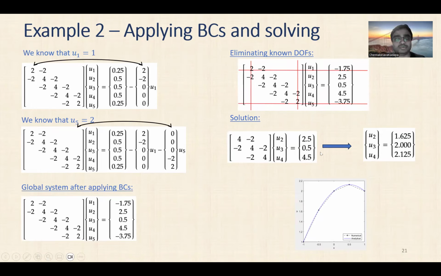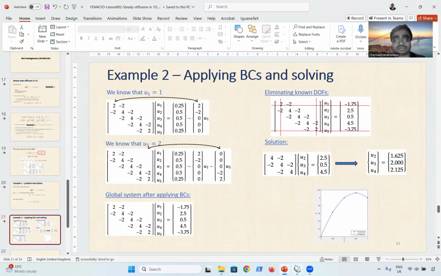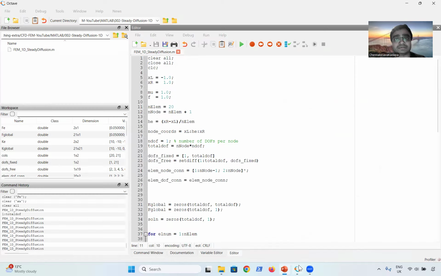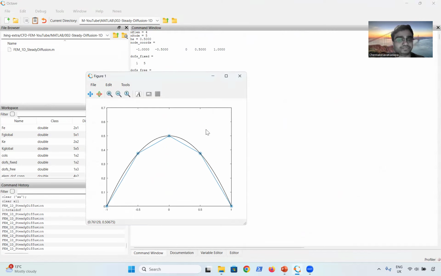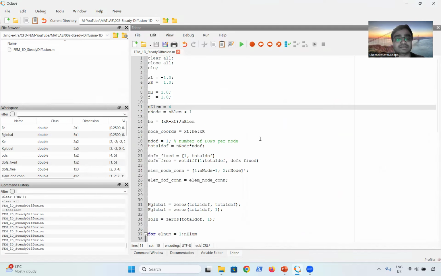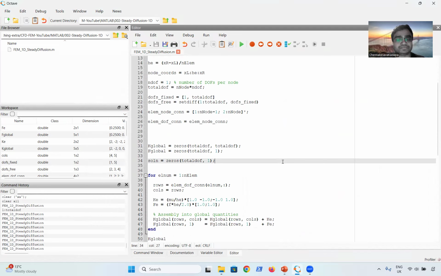So how do we implement this in MATLAB or Octave? Since we have already implemented it for the previous case where the boundary conditions are zero, this is our code. I'm going to modify this to accommodate the non-zero boundary conditions.